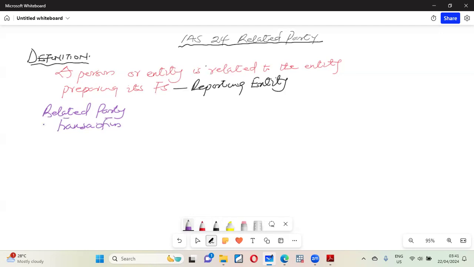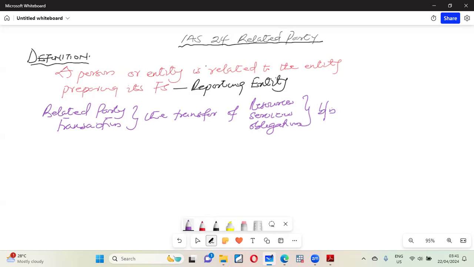A related party transaction, therefore, is defined as the transfer of resources, transfer of services, or the transfer of obligations, that's a liability, okay, between related parties.